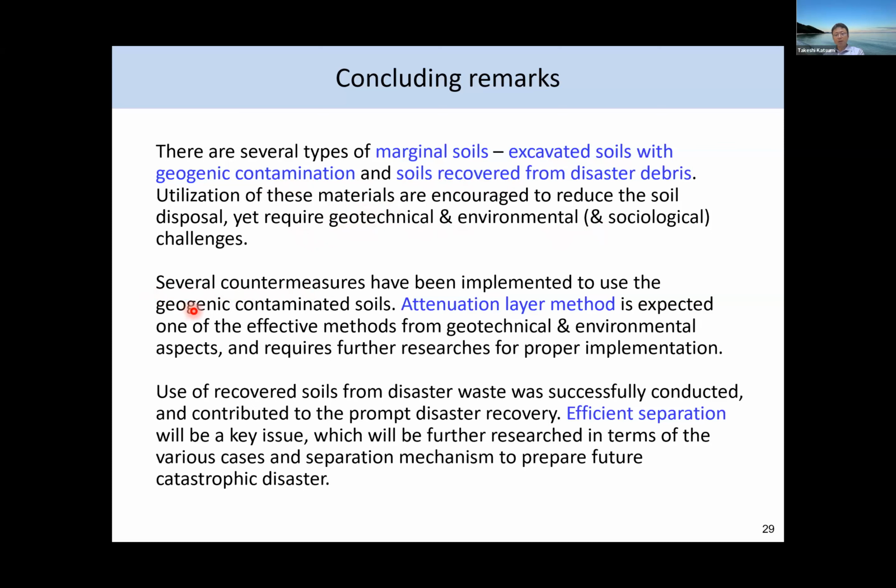We have been working on attenuation layer method, which is expected to be the effective method from geotechnical and environmental viewpoints, but requires further researches for proper implementation. Use of the recovered soils from disaster waste was successfully conducted for the recovery of the 2011 disaster and contributed to the prompt disaster recovery. But further efficient separation is required, and we have been working on this issue to see the various cases as well as the separation mechanism to prepare for further catastrophic disasters.